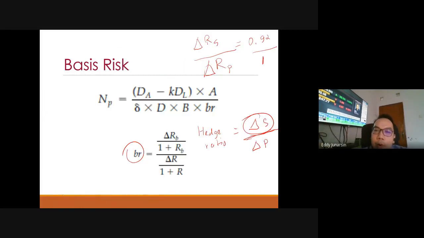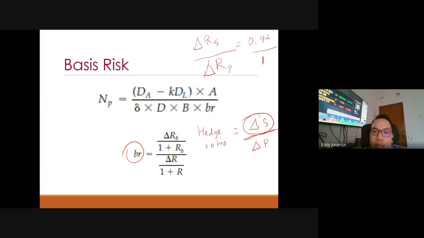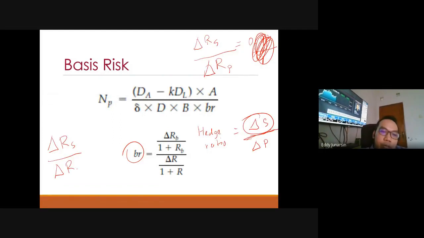Yeah, I think it's less appropriate to say that the basis risk is 0.92, because now the story is that for every 1% change in the spot rate, the interest rate only changes by 0.92% in the option world. So actually, we should write it like this: the change in interest rate in the real world, the spot world, divided by the change in interest rate in the derivative market.